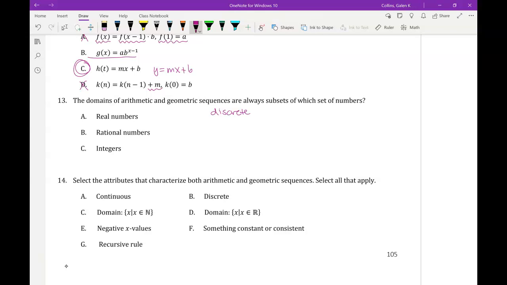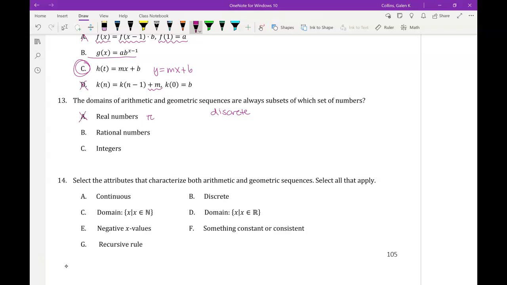A geometric sequence is a discrete exponential function. So our real number system is going to include numbers that are irrational, such as like pi, for example. And I can't have like a pi-th term in a sequence. So real numbers wouldn't work.